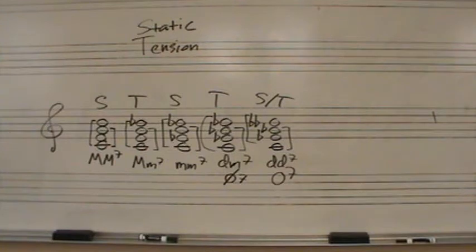Okay. The other static chord is the minor minor, the third on the list. And here is how it sounds. Notice it also has a very jazzy, very static profile.